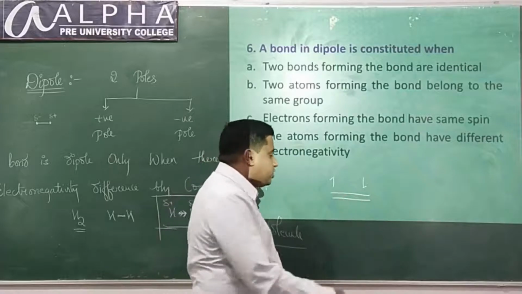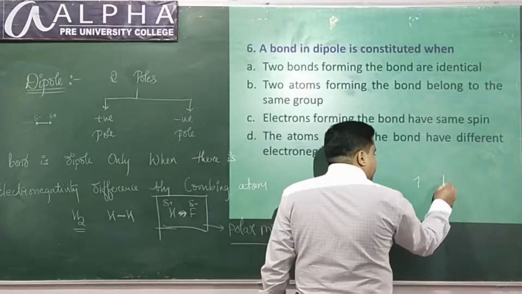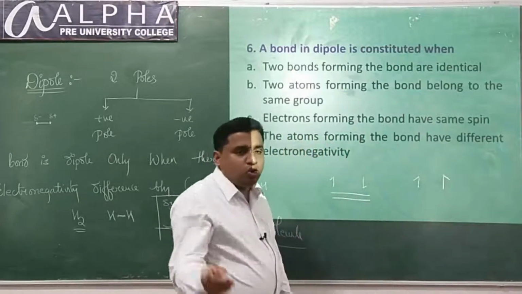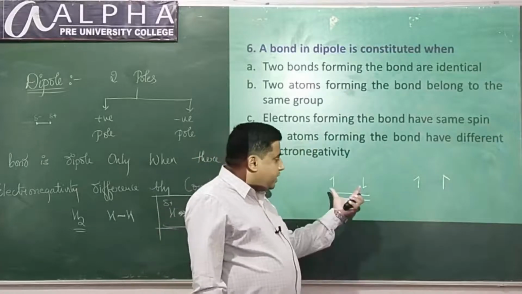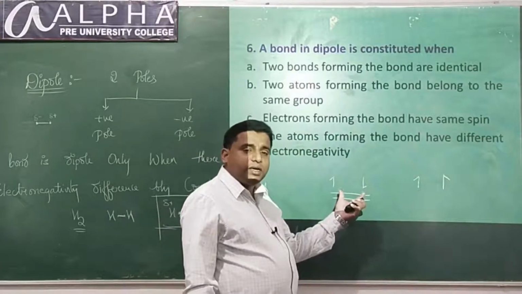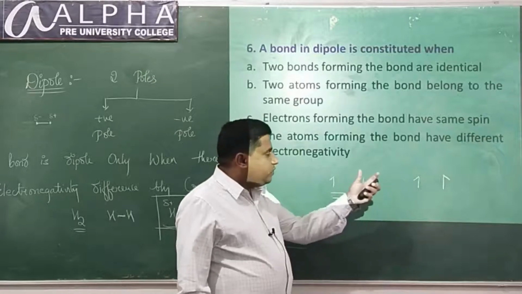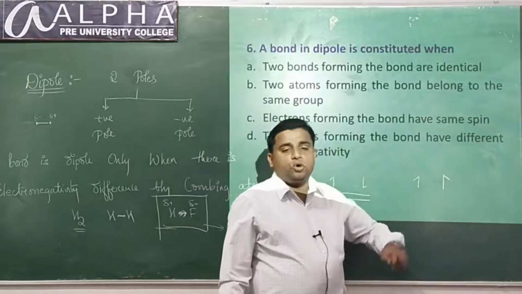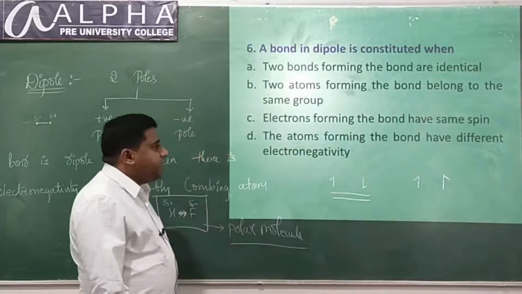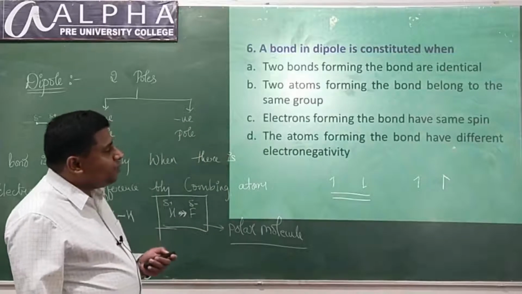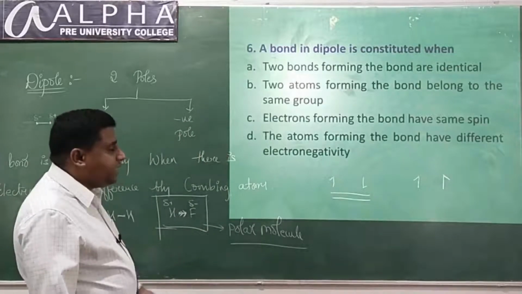If electrons of the same spin come together, they don't form a bond. Next, atoms forming the bond have different electronegativity.